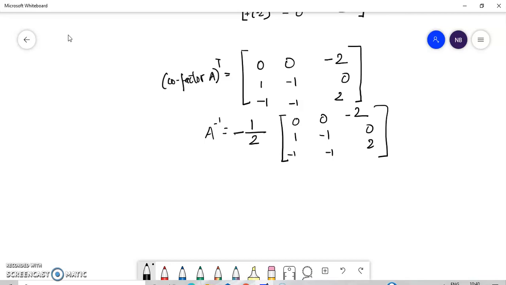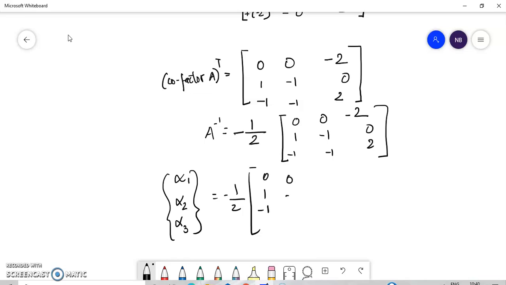We can now write alpha 1, alpha 2, alpha 3 equals -1/2 times the matrix 0 1 -1, 0 -1 -1, -2 0 2, into q1, q2, q3.